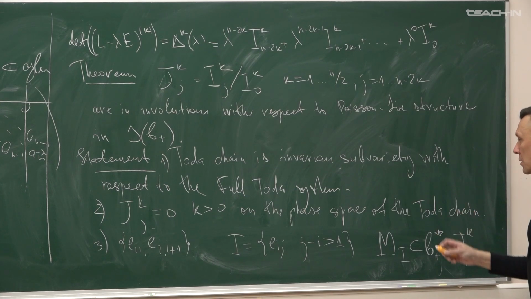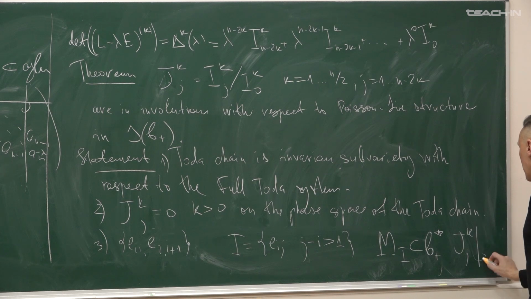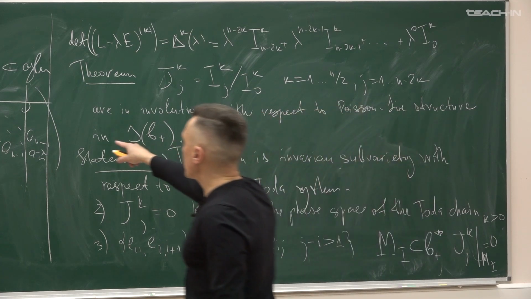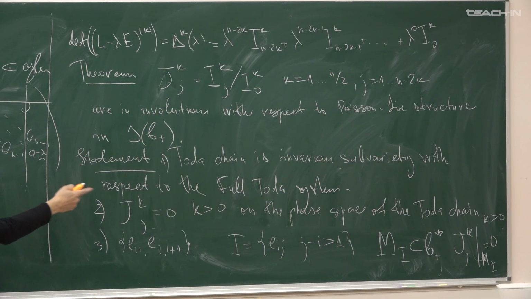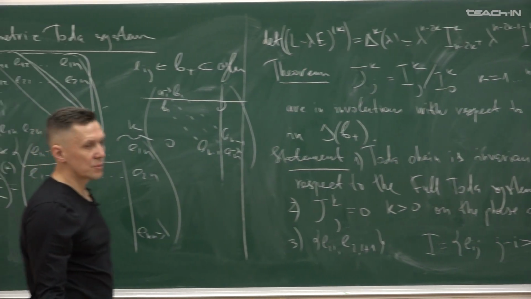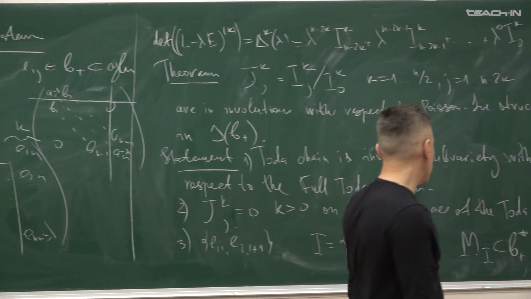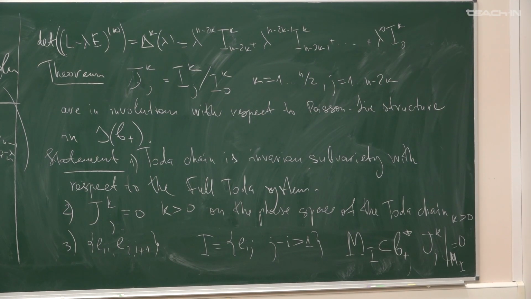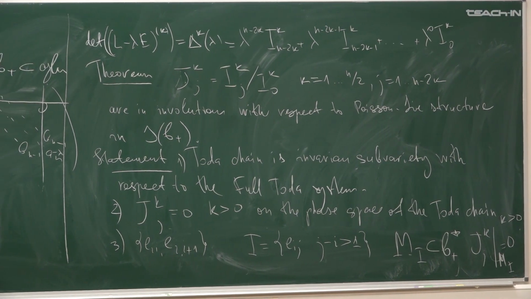G_k restricted to M_i are zeros if k is greater than 0. So it's the same thing that I demonstrated restricting our Hamiltonians to the Jacobi matrices, but written in a more algebraic geometrical way. Is it okay?